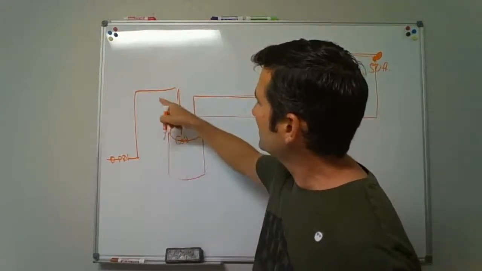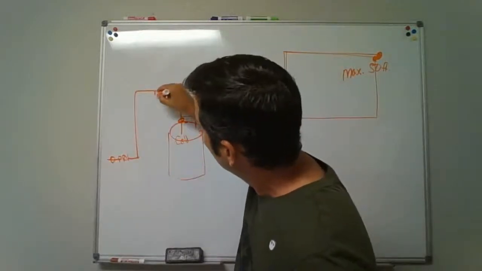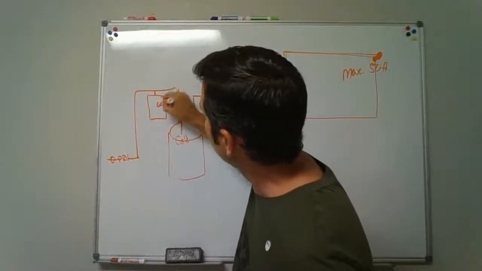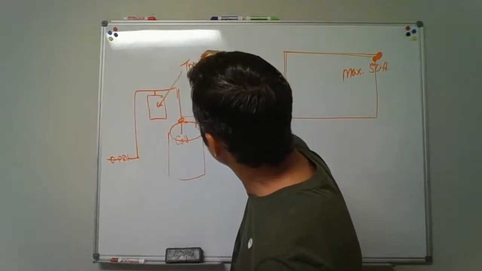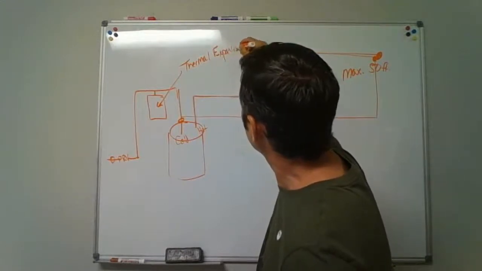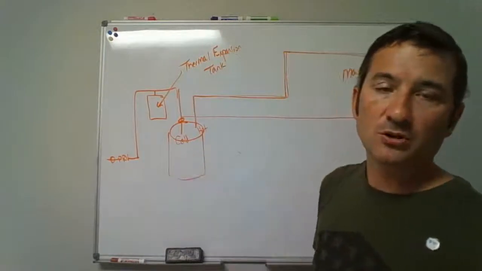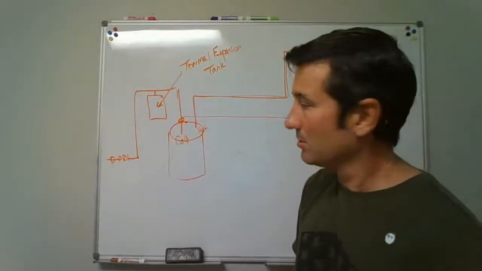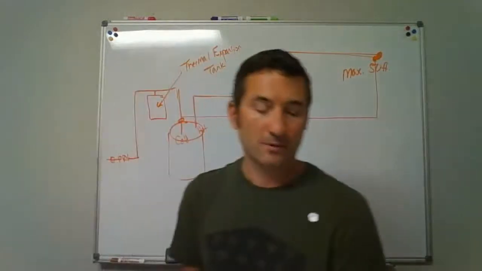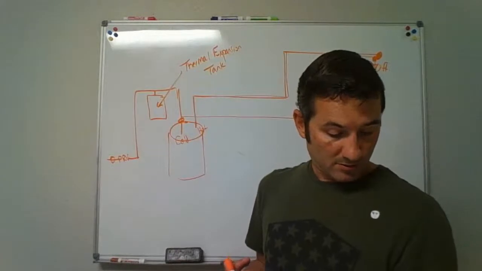It says somewhere in this cold line, downstream of the PRV, we need to put that, what is that? Thermal expansion tank. And that's for every storage type water heater. You're going to have a thermal expansion tank on there. All right.